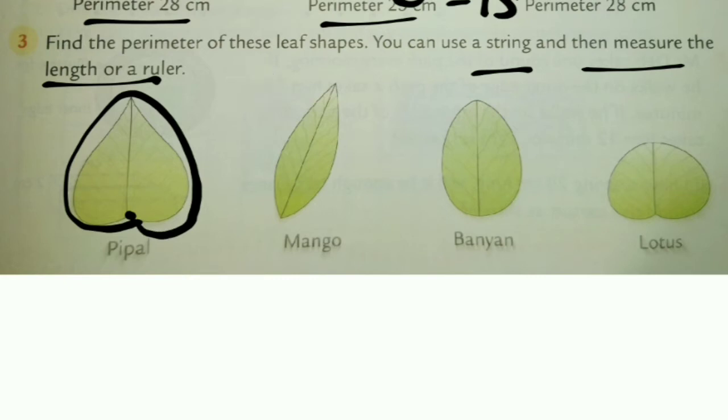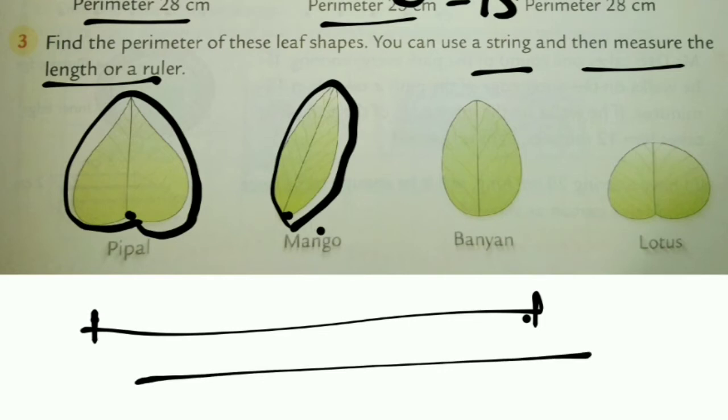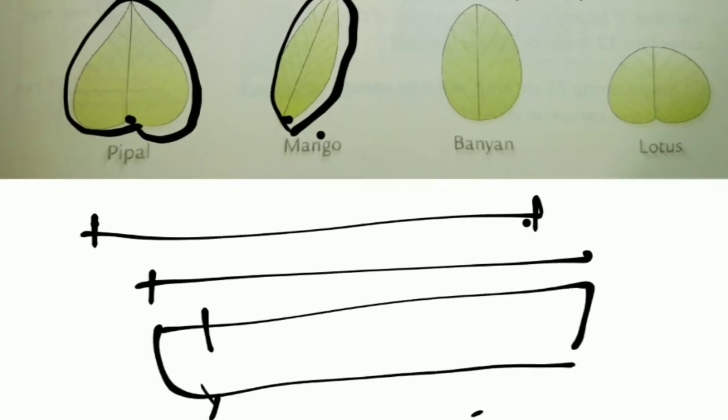It means that thread you can open, put it on the scale, and then measure the correct length. Like this you will do. The same with this one. In this one, with the string, you can start from here and fold it like this, and after this you can open it and use the scale, and measure the length of this mango leaf.